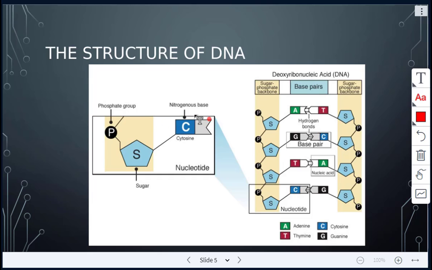In this case, they're showing cytosine. And notice here again in this diagram that the adenine will pair with thymine, the A and the T, and then the guanine and the cytosine will always pair together. So guanine, cytosine, here we have cytosine and guanine.